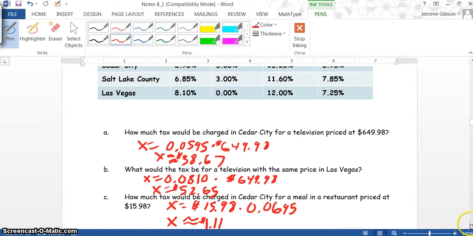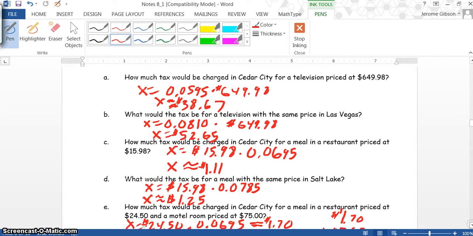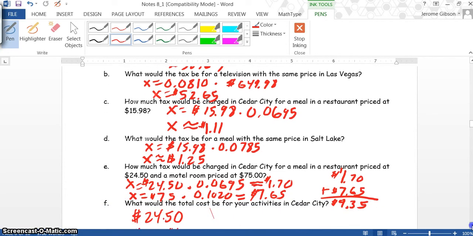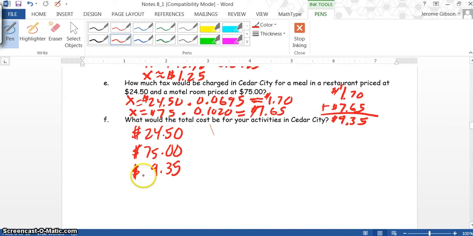Let me see, actually that was a television. We have the restaurant, which is $15.98. Oh, actually, we could just stay here. We don't have to add all the rest. Okay, so we need to add this here. We have 5.